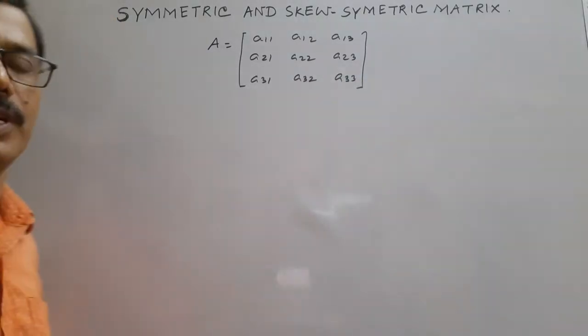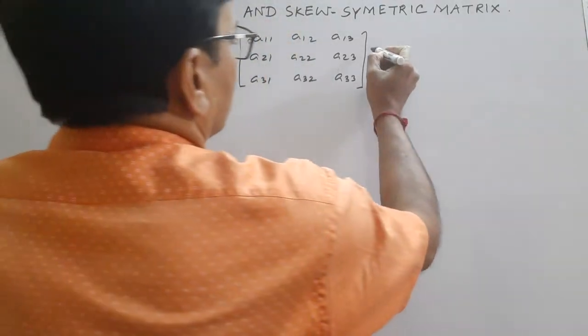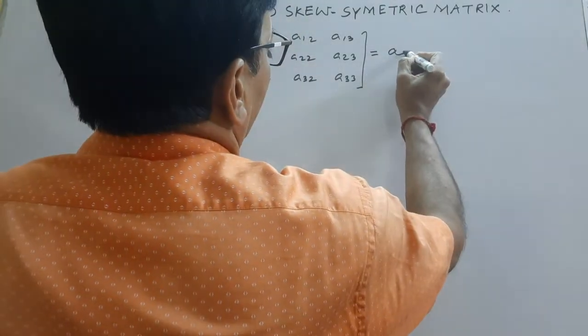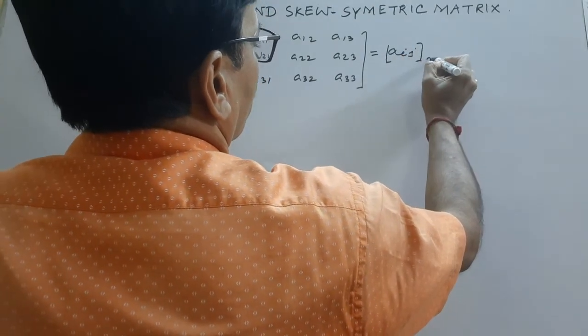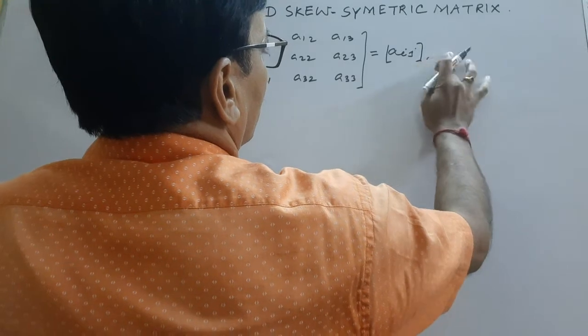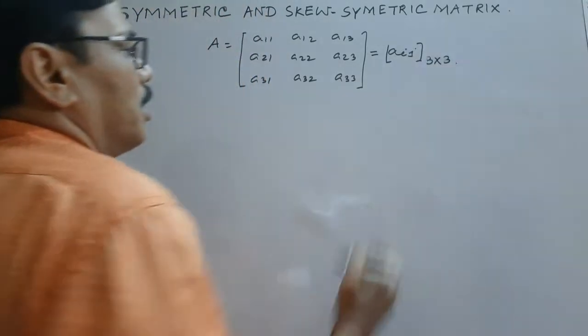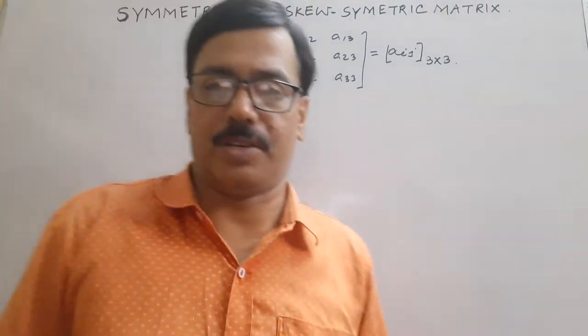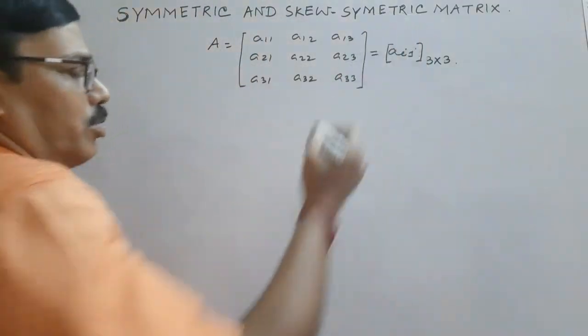This is a matrix, you know, a third order matrix. It is written in short as Aij, in brackets, 3 into 3. This is a 3 into 3 order matrix, a square matrix. Aij, in short.